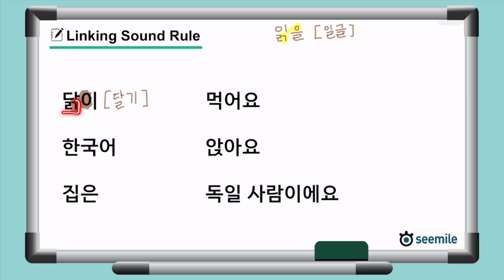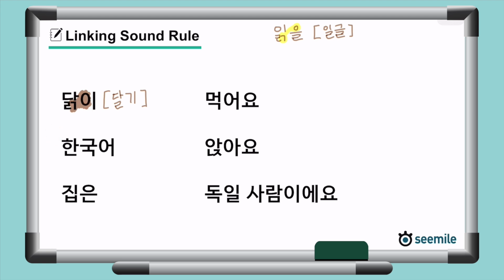So if a final consonant is followed by a vowel, it is pronounced as if it were the initial consonant of the following vowel. Look at this word, 한국어. The final consonant 기역 is followed by the vowel 어. So the 기역 is combined with the vowel 어, and as the result, it sounds 한국어.